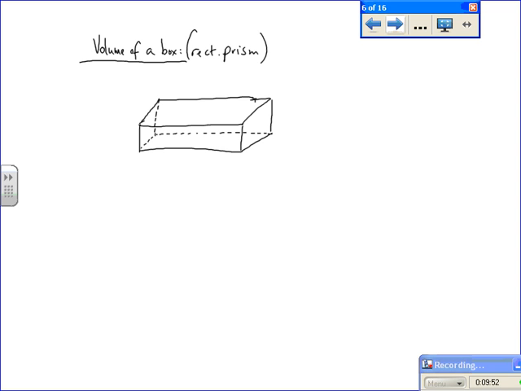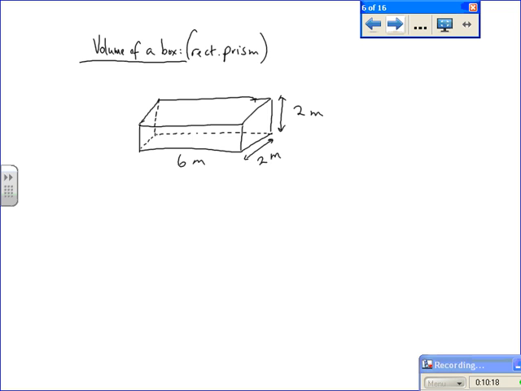So there's a box, and let's give it a length of 6 meters. And this dimension here, which would be our width, let's say it's 2 meters. And let's say our height looks to be also about 2 meters here.